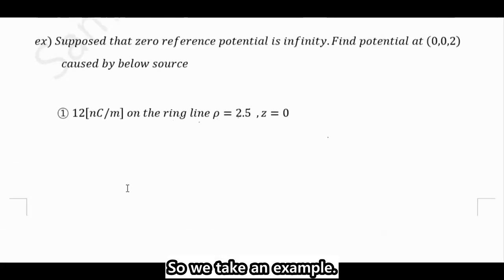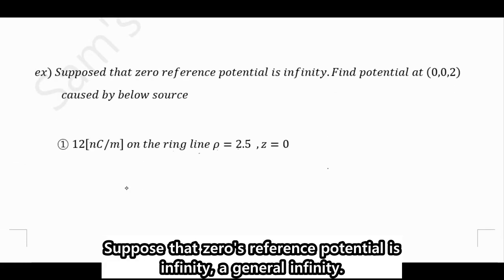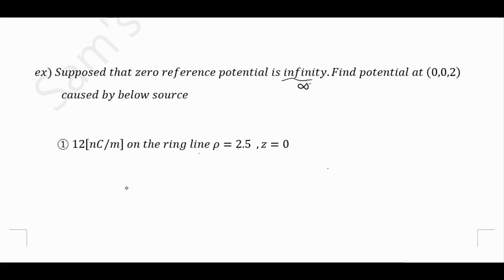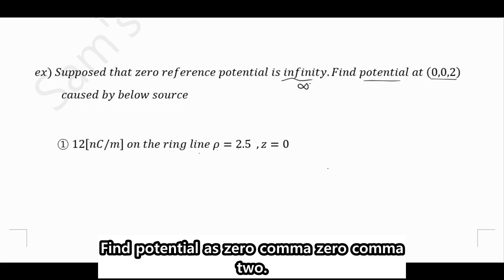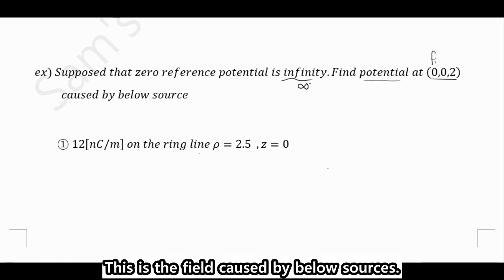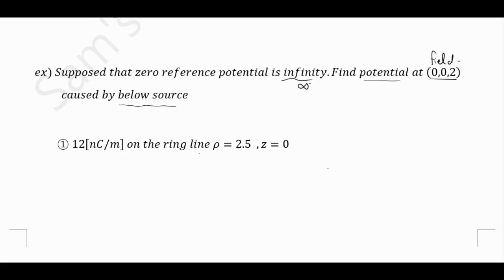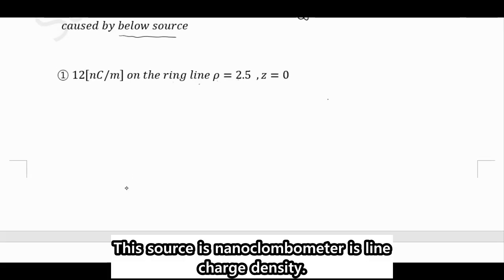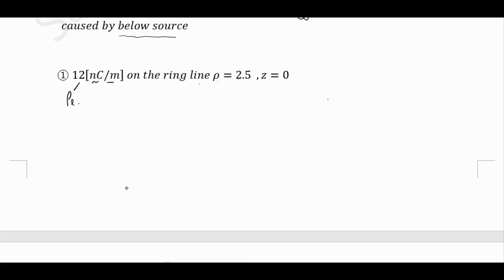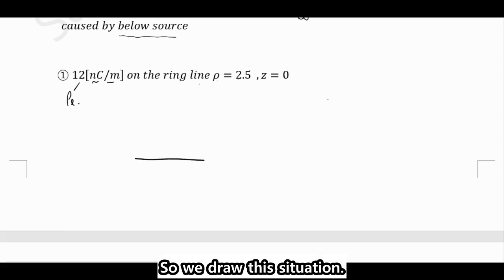So we take an example. Suppose that the reference potential is infinity, generally infinity. Find the potential at 0, 0, 2. This is the field caused by the sources below. This source has a line charge density in nanocoulomb per meter. So we draw this situation.